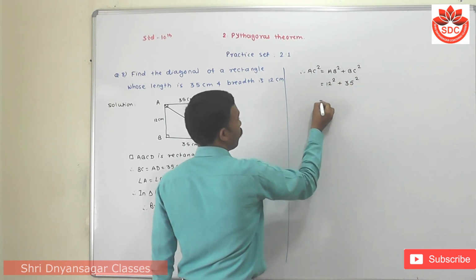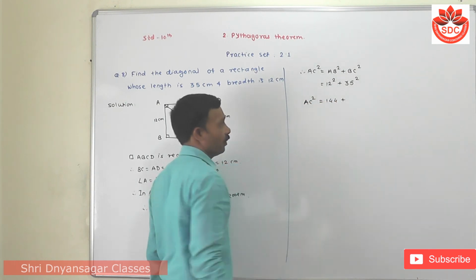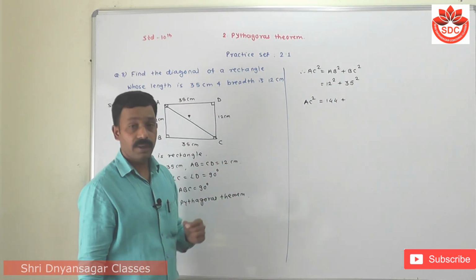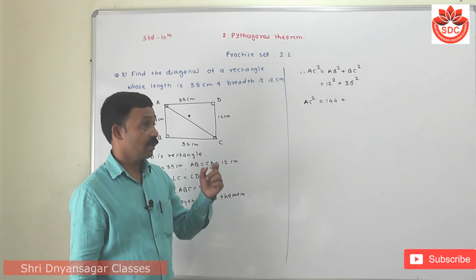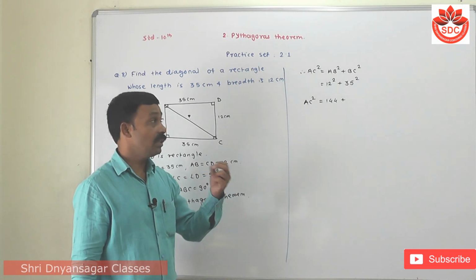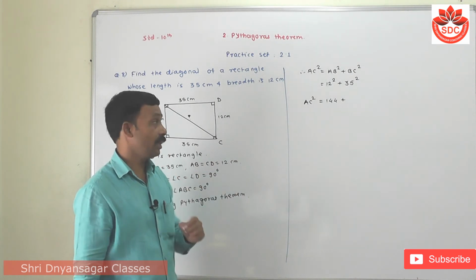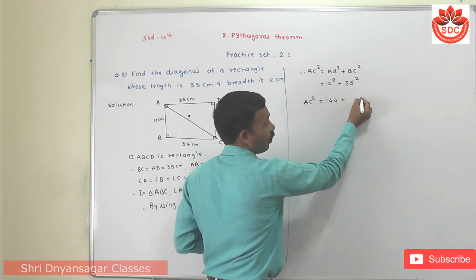35 square. We know that the square of 12 is 144. What is the square of 35? Students, we studied the process in 8th standard. If the unit place digit is 5, how do we find the square? Look, I will tell you again. First, write the square of 5. 5 square is how much? 25.